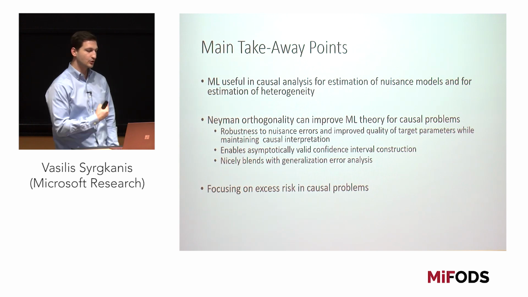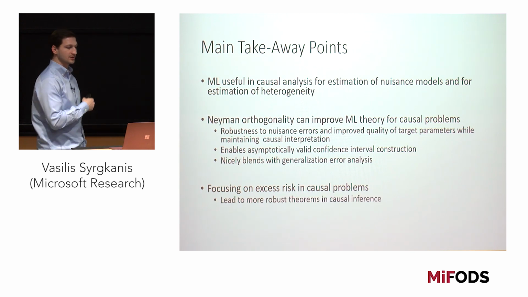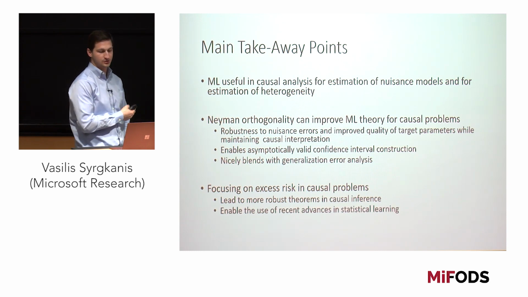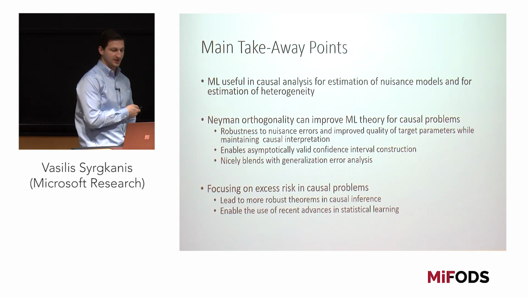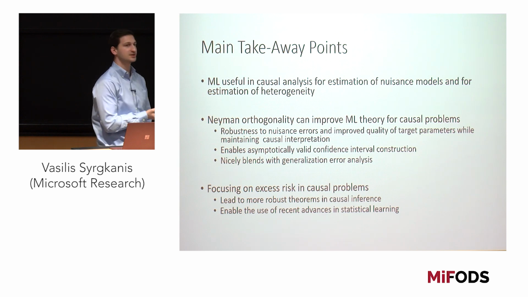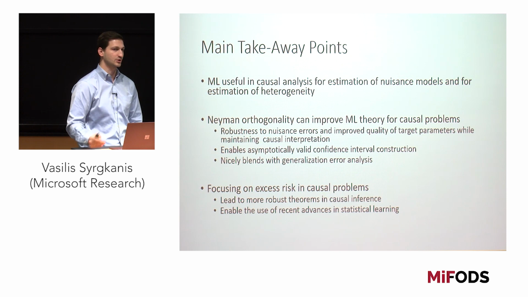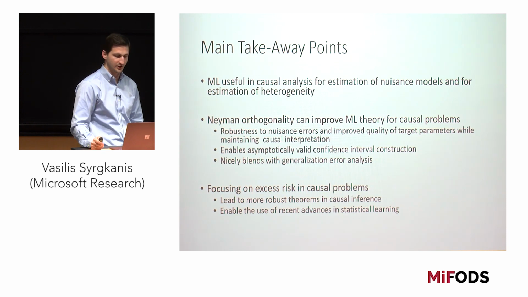And on the other hand, focusing on excess risk in causal problems, we can get more robust theorems that do not make stringent assumptions on identification, and enable the use of recent advances in statistical learning theory for fitting causal models that belong to complex hypothesis spaces.